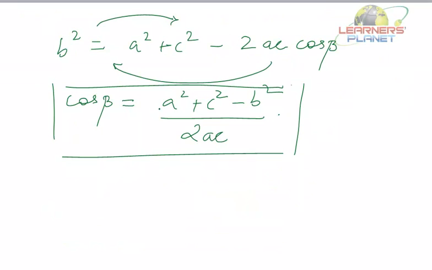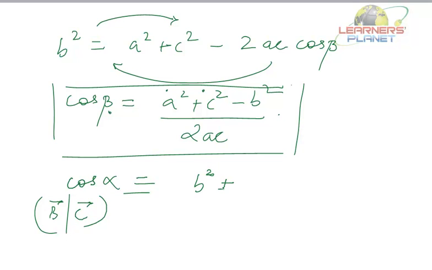Similarly, now remember that if we are finding angle beta, that means we are talking of the angle between the vectors A and C. Now if you wish to find out cos alpha, that means we are talking of the angle between the vectors B and C. Alpha was the angle opposite to the side A. So the two sides involved are B and C, and in this case cos alpha will be given by B square plus C square minus A square upon 2BC.